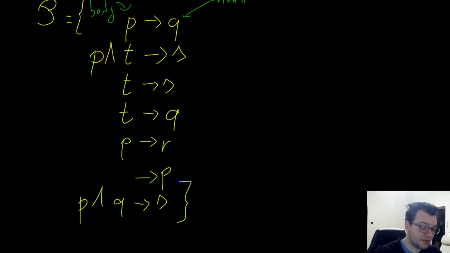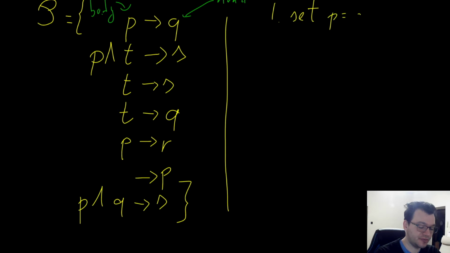Now, for example, you can come up with the following algorithm. First, set all the variables, P, Q and so on, to 0, and you will have a current variable assignment.